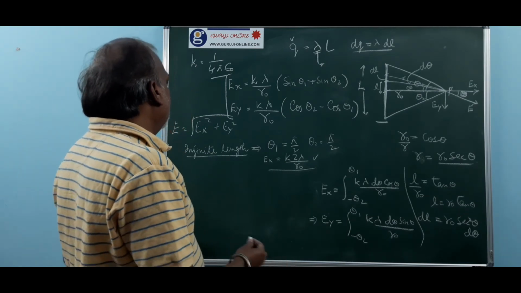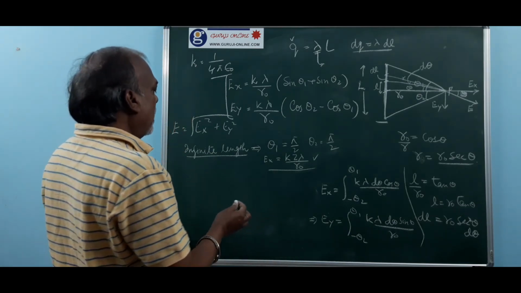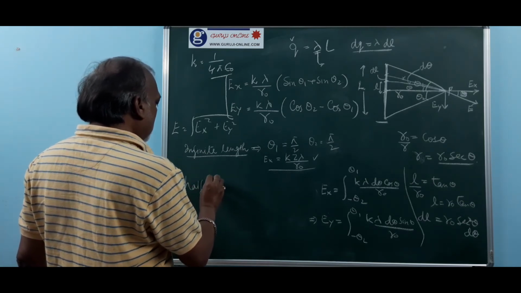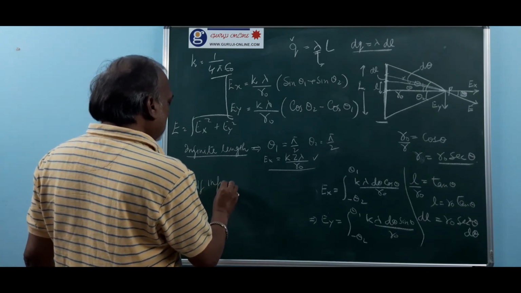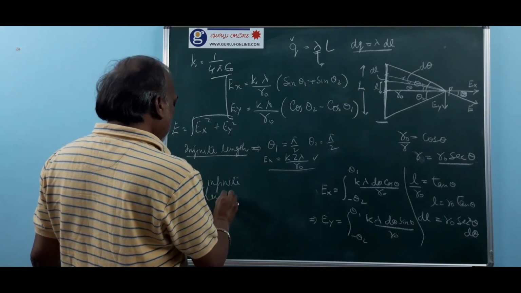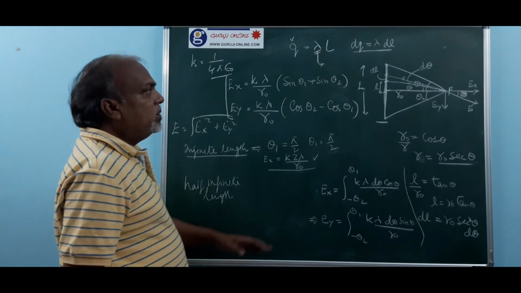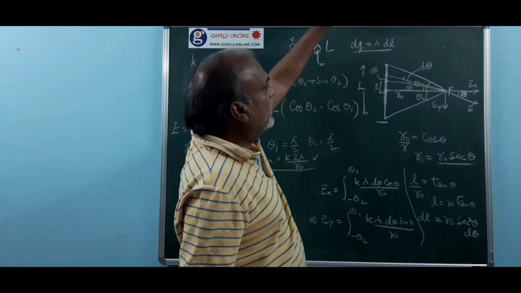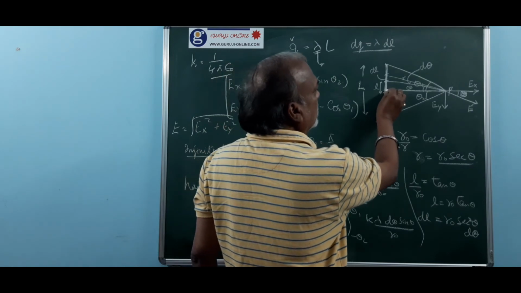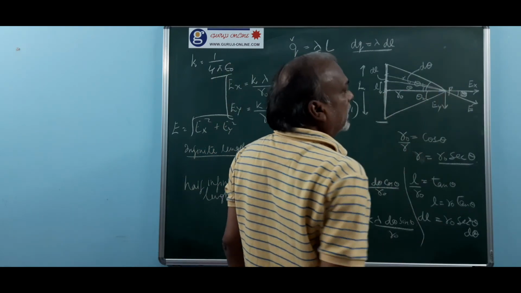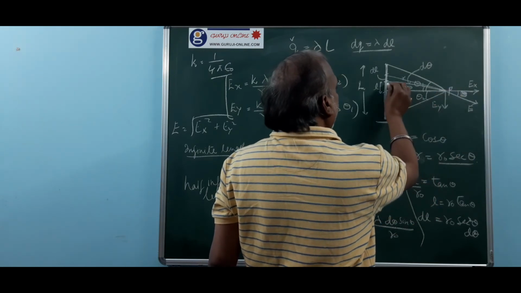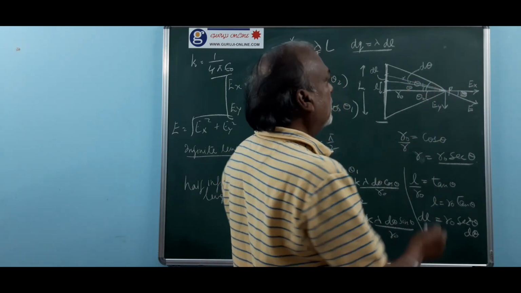Now suppose you have only half infinite length, means suppose in this direction it goes to infinite length, but here it terminates and you are asked to find out the electric field at this point at the end of the wire.